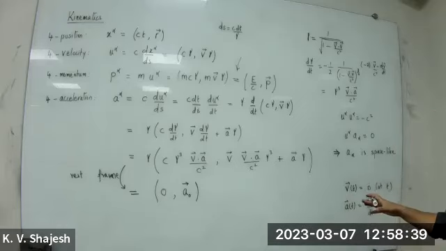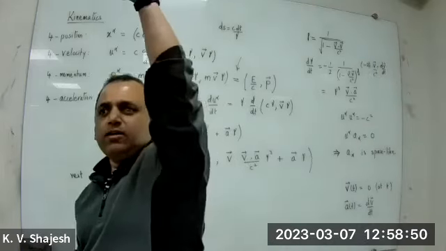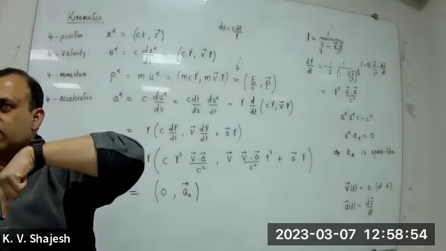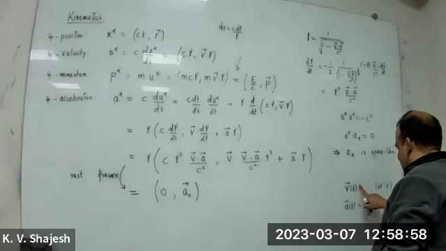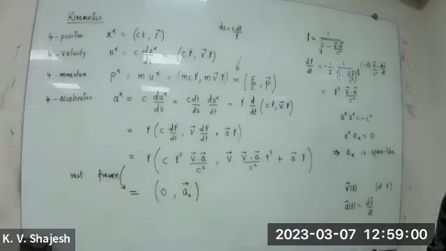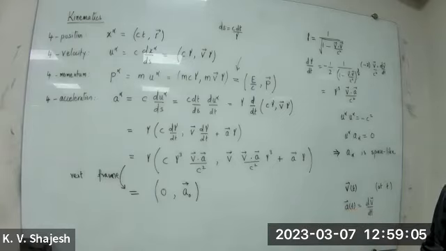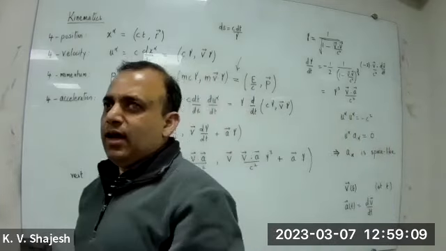It doesn't have to be 0. The classic example is when you throw a stone up in the air: at the top of the curve, velocity is 0, but acceleration is not 0. If velocity is 0 all the time, then of course acceleration is 0. But just at one point, velocity being 0 doesn't mean that acceleration is 0.